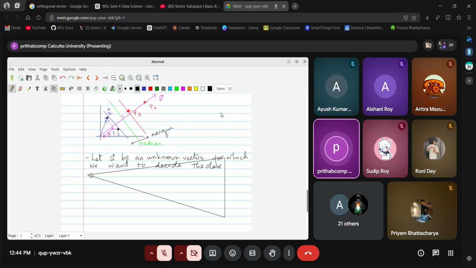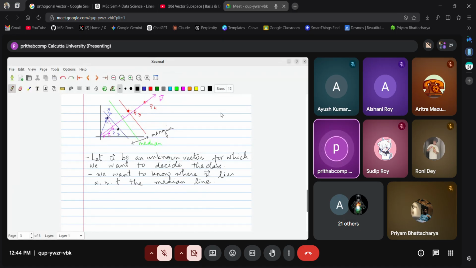So basically what we want is, so we want to know where U lies with respect to the median line.